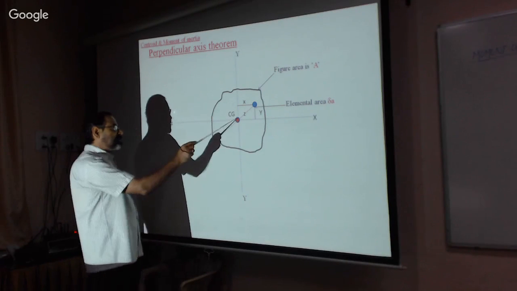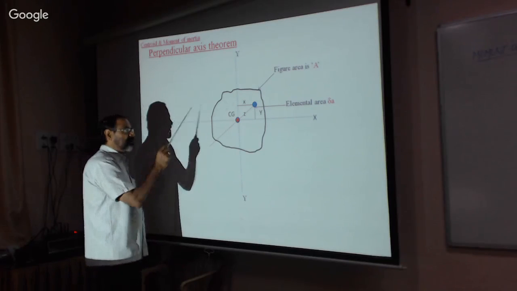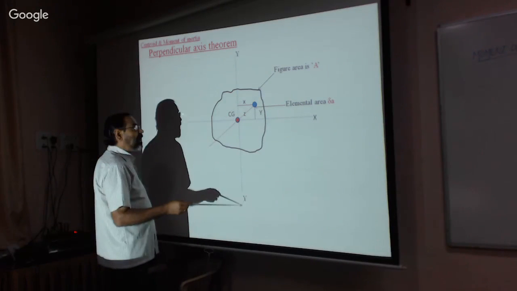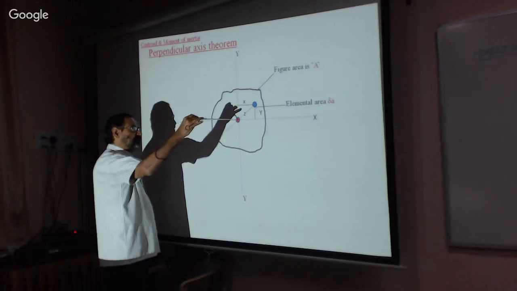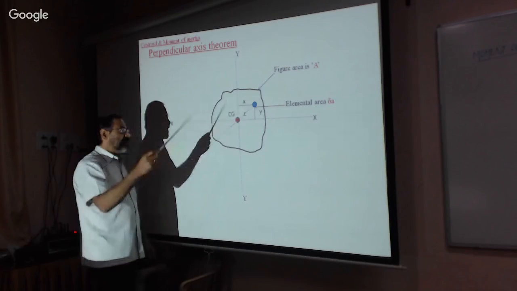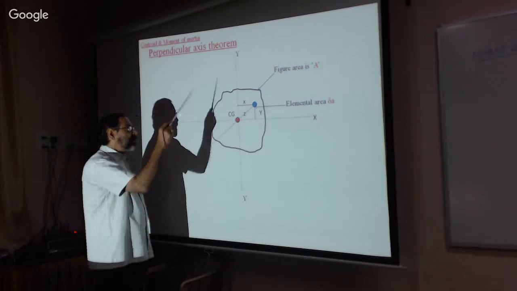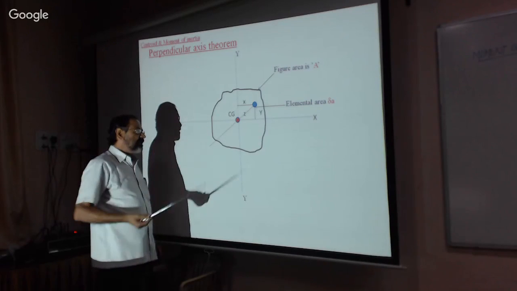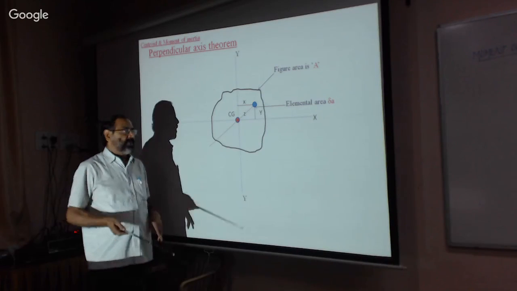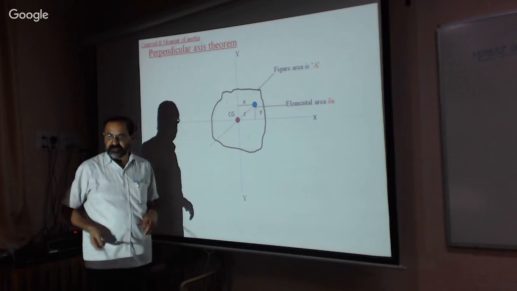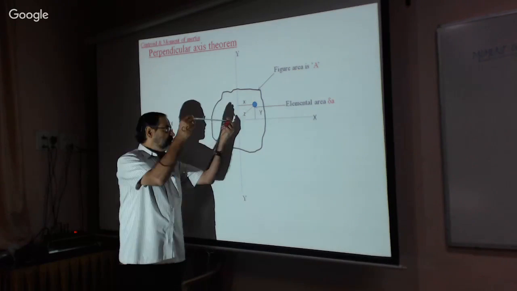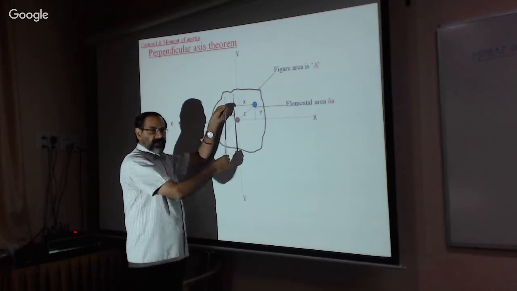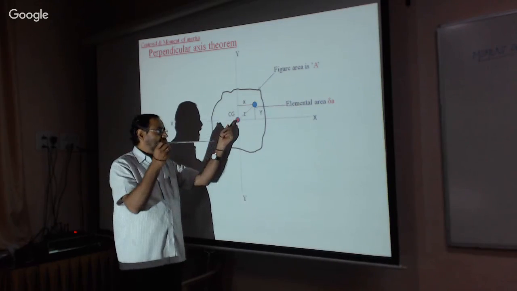After calculating the centroid, this is the x axis and this is the y axis. Also there is a z axis. Please understand that x, y and z are three mutually perpendicular axes passing through the centroid of the given figure. All these three axes pass through the centroid.